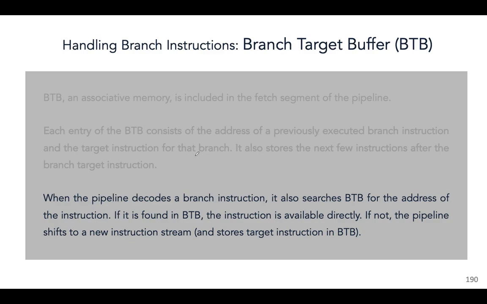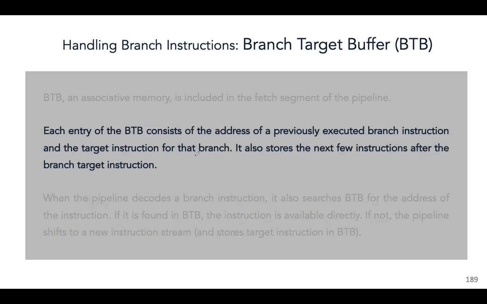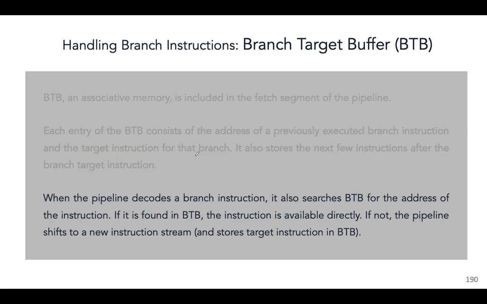If you learned associative memories already, you know that they are very, very fast memories, and they are used when you need to access some resource repeatedly, right? Whenever a branch instruction occurs, an entry is made in the BTB. Now if a new branch occurs, we see whether the program has made a jump to that specific branch already, because that happens in programs.